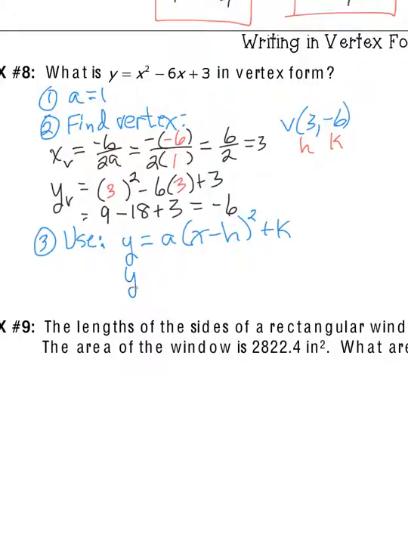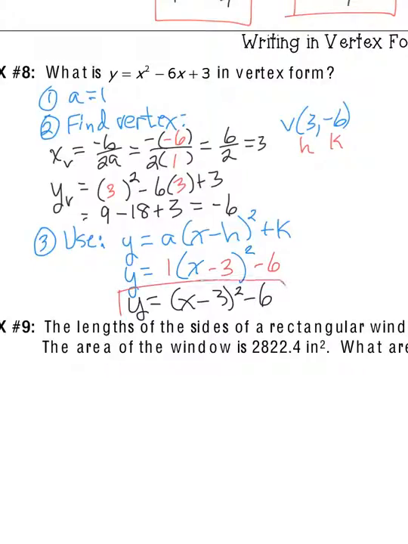So I have y equals, so I'm going to put in 1 for a, h is +3, so we're doing the opposite, which is -3, k is -6, we're going to do the same. So then our final answer is y equals x minus 3 squared minus 6. And that's your solution.